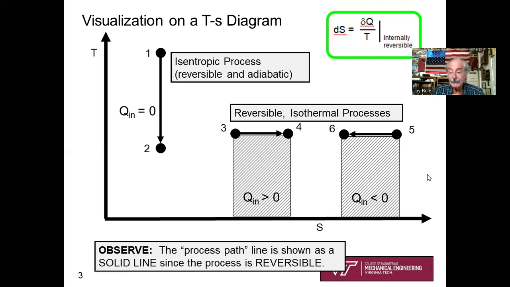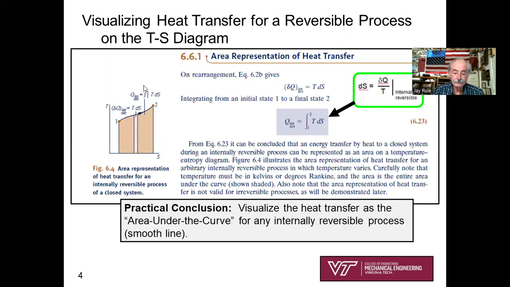So it can be very powerful in visualizing heat transfer for a reversible process on the TS diagram. What I've tried to cover was this section 6.6.1, and I tried to illustrate it in an easier to understand way, I hope.